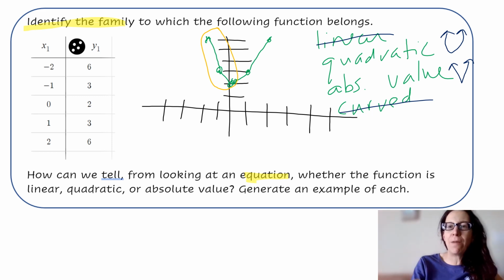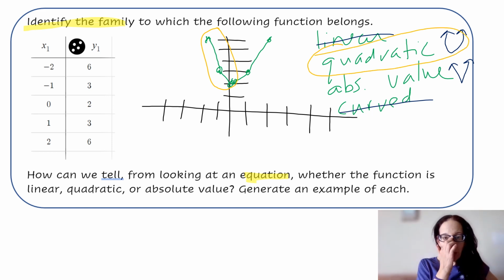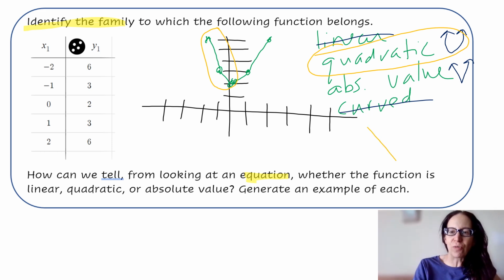And so steep, and then less steep means it has to be a quadratic. Basically that's going to be curved there, because if it were absolute value, it would come down in that straight line all the way down to the vertex. And this one is not, which means it can't be absolute value. So that one is a quadratic.